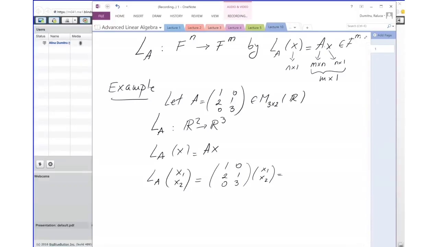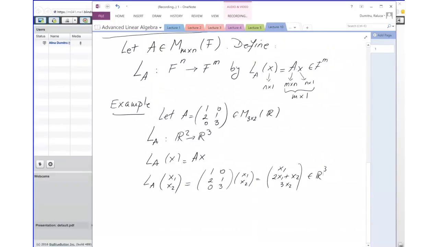It results in a 3 by 1 vector, which is x1, 2x1 plus x2, and 3x2. A vector in R3. All right, so this is how it acts.